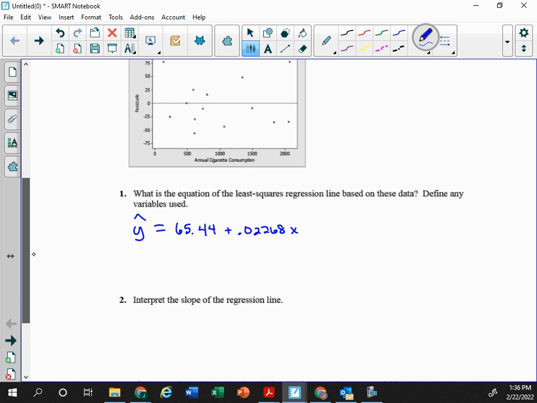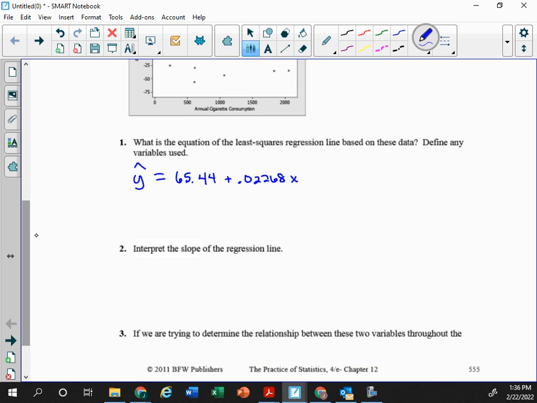And they stated it up above, but it says to define the variables used. So we know y hat is the predicted deaths per year, I think it was from CHD, coronary heart disease. And then your x is cigarettes consumed, which just sounds really gross.